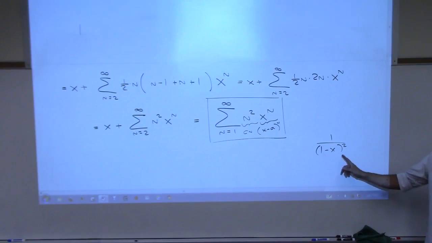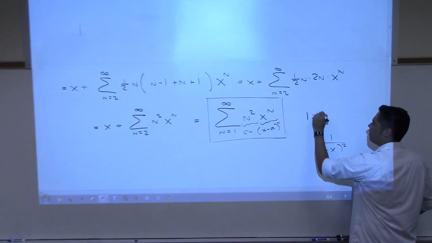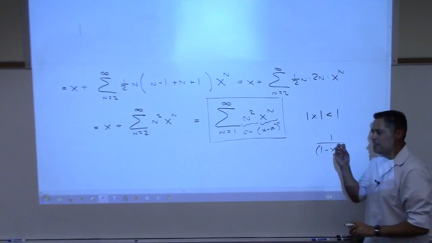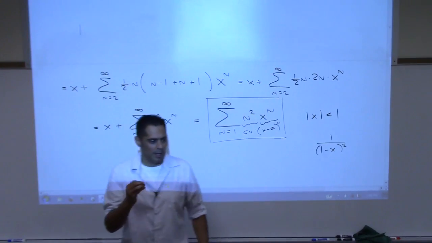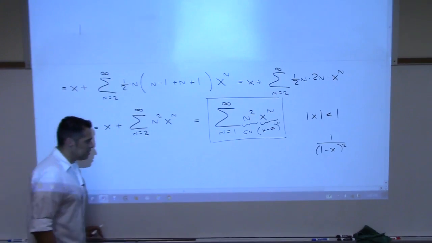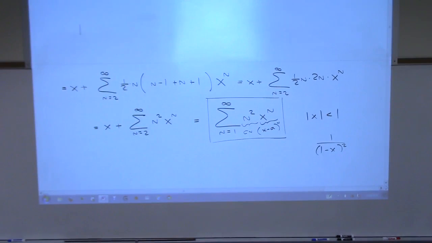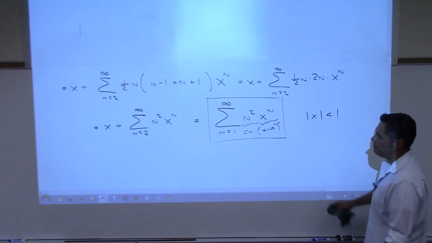Like, what was the interval of convergence for this thing? Absolute value of x less than 1, because x is the piece that we were plugging in for the geometric series. So as long as you give me an x there, that power series is the same thing as the original function.